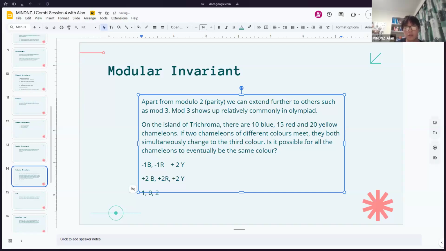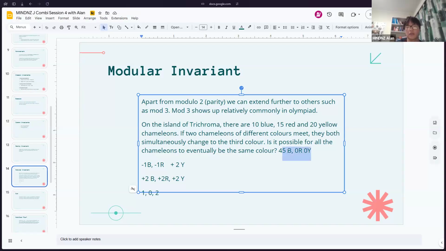And we want all chameleons to eventually be the same color, right? What does that mean? That means we have either 45 blue, 0 red, and 0 yellow, or 0 blue, 45 red, 0 yellow, or 0 blue, 0 red, and 45 yellow.